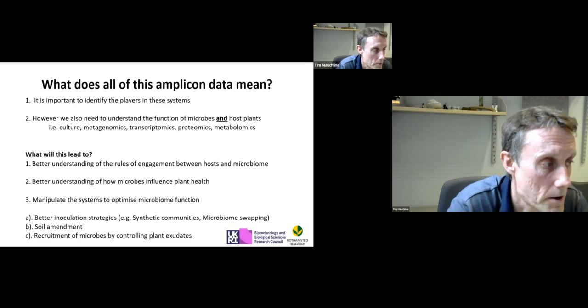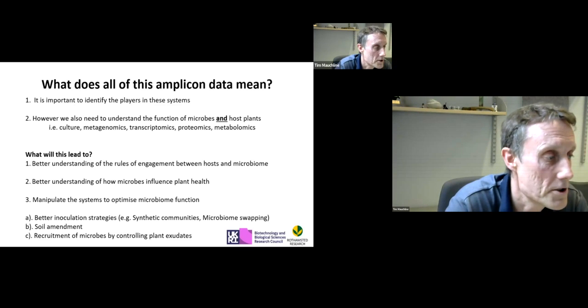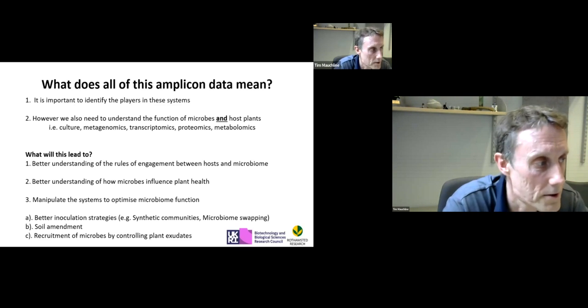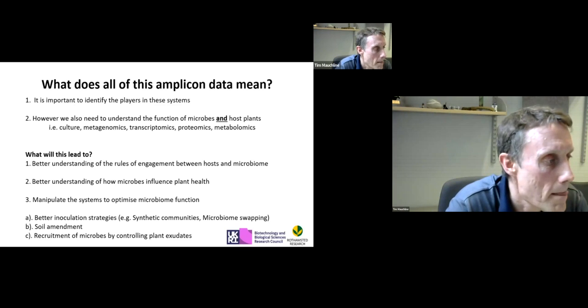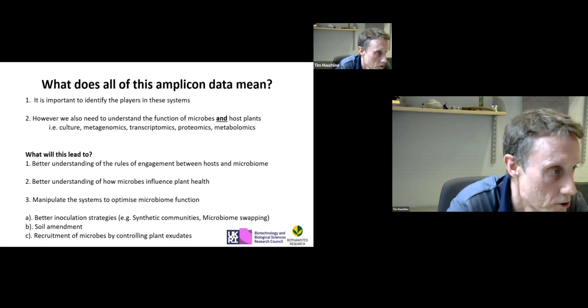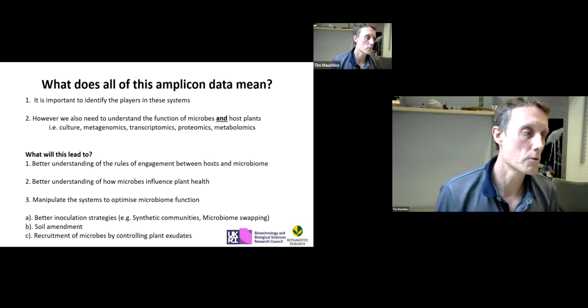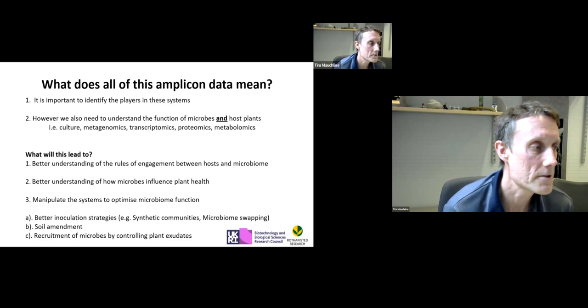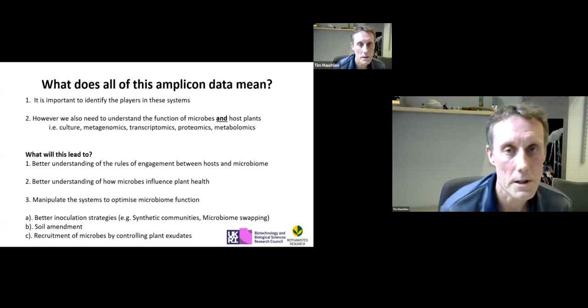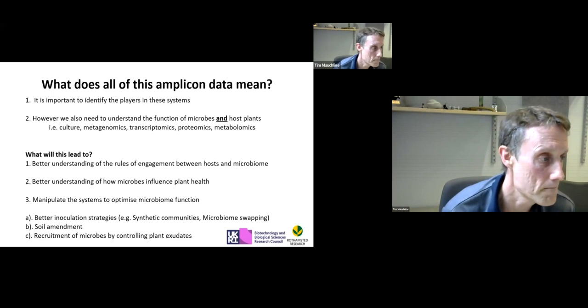As you saw on one of the previous slides, there was some metagenomics work there as well. So we need to do more of that sort of approach, but also we need to layer that with other approaches such as culture-based work, transcriptomics, metabolomics, as well as proteomics. And then once we've brought all of that together, we'll get a better understanding of the rules of engagement between hosts and the microbiome.